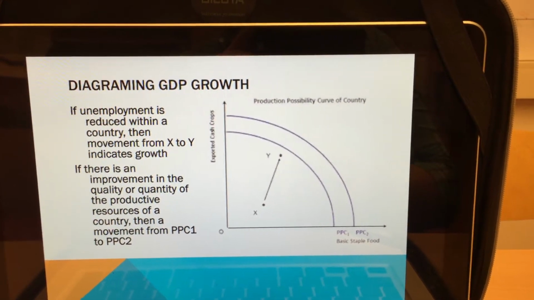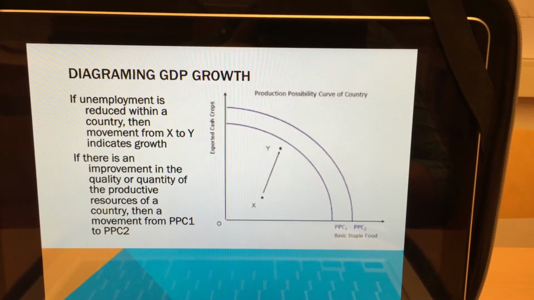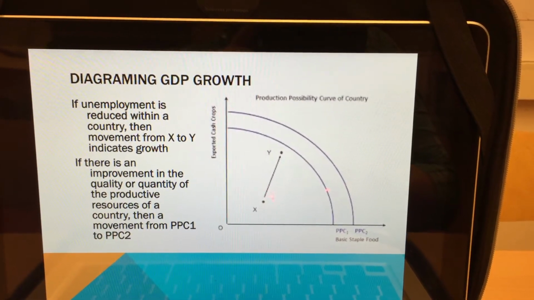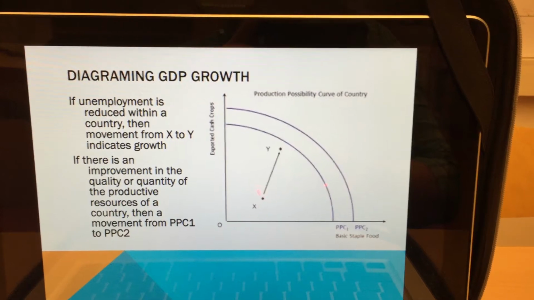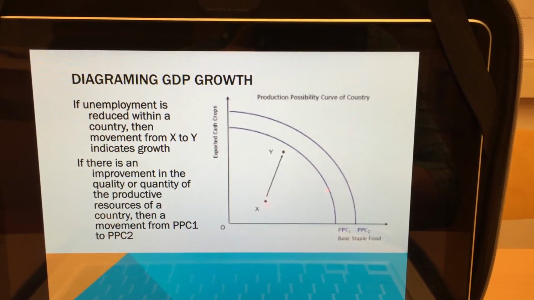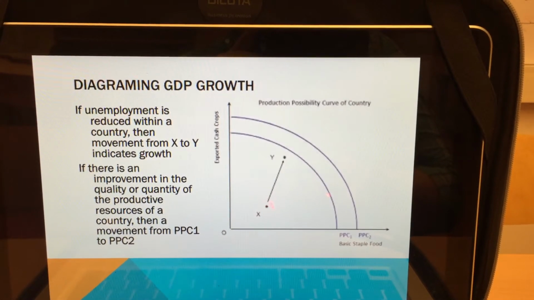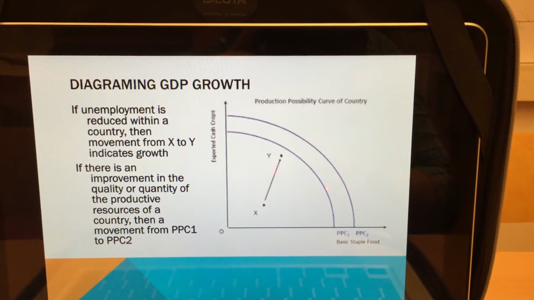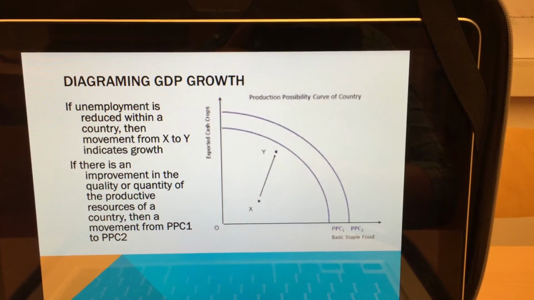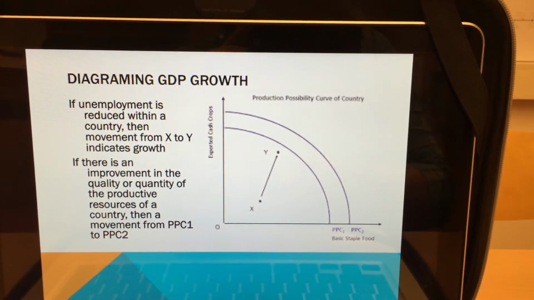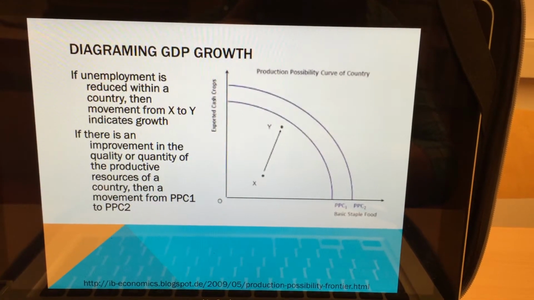Now, if we're not using all of our resources, then we're not really efficient, and we'll be somewhere inside the curve. In this case, we're at point X. So at point X, we do have some unemployment. However, let's say we move from X to Y, and in doing that, unemployment goes down, and we increase the amount of goods and services we produce.